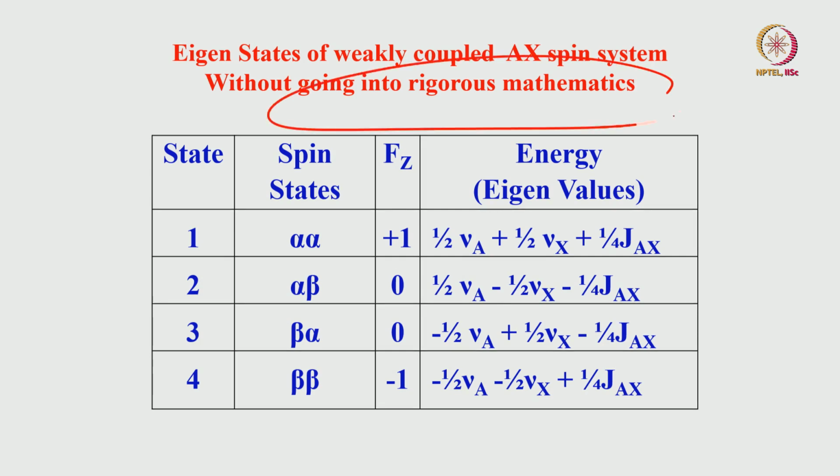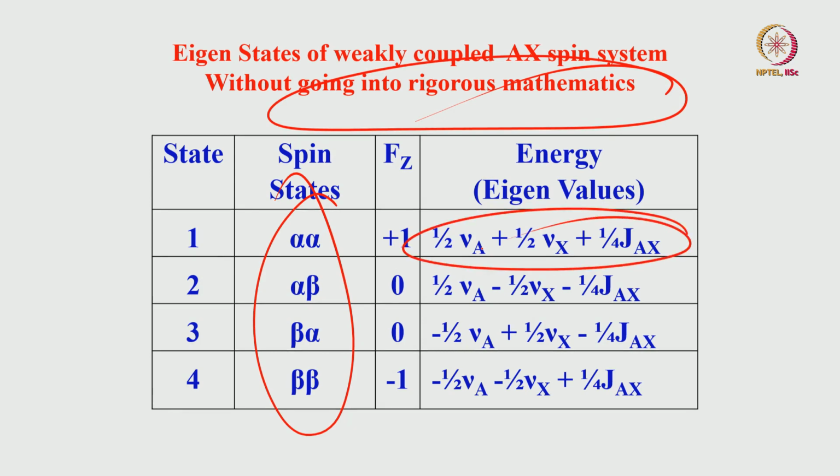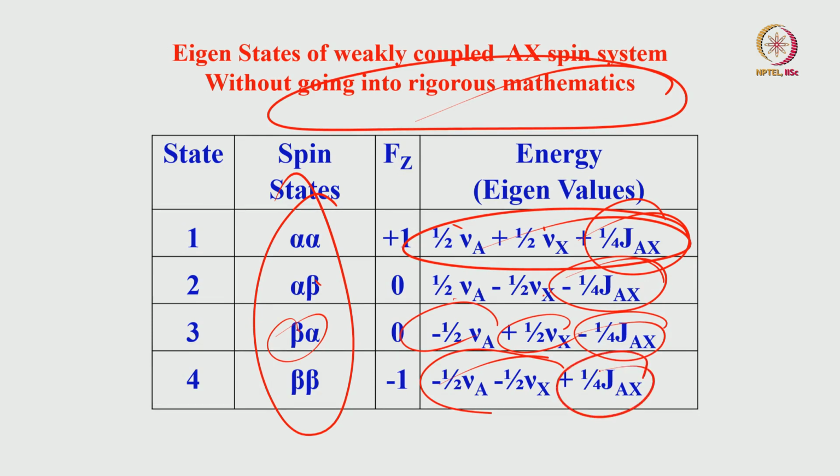Without going into rigorous mathematics, I tell you the 4 energy states alpha alpha, alpha beta and beta alpha are like this. For these, you can calculate the eigenvalues: half nu A plus half nu X plus 1 by 4 J AX. For this one, half nu A minus half nu X minus 1 by 4 J AX. For this one, minus half nu A plus half nu X minus 1 by 4 J AX, whereas for this one both are minus half, minus half nu A minus half nu X plus 1 by 4 J AX.